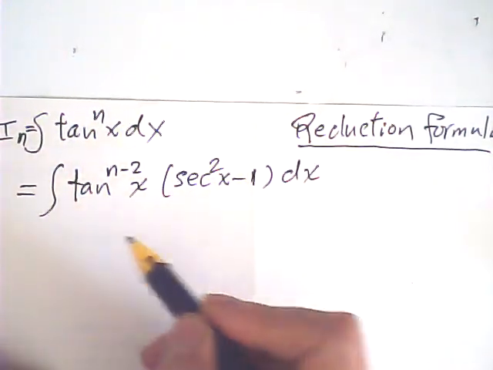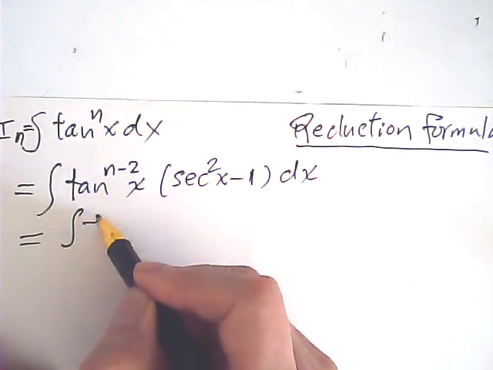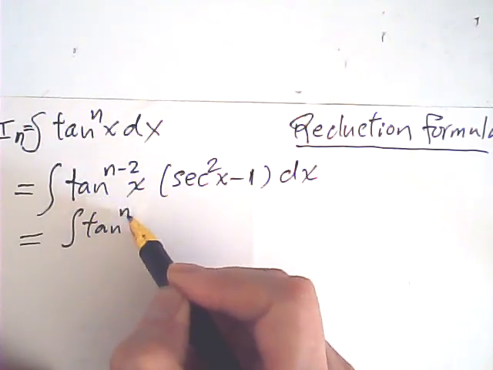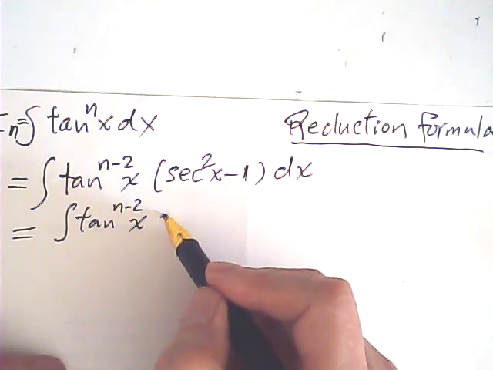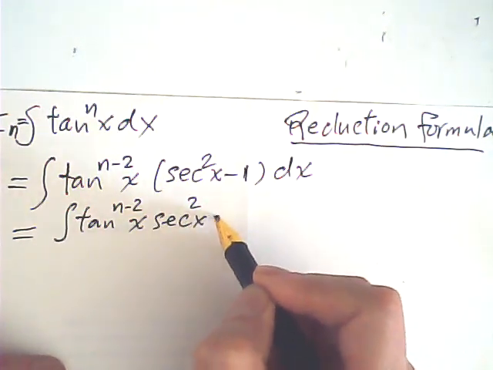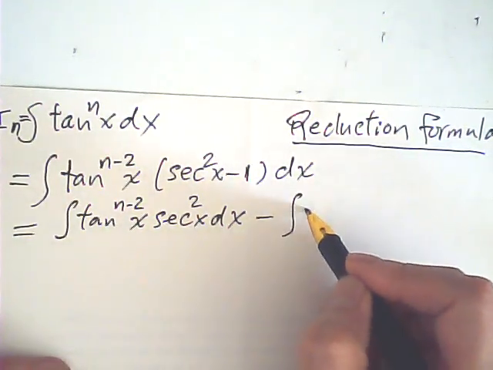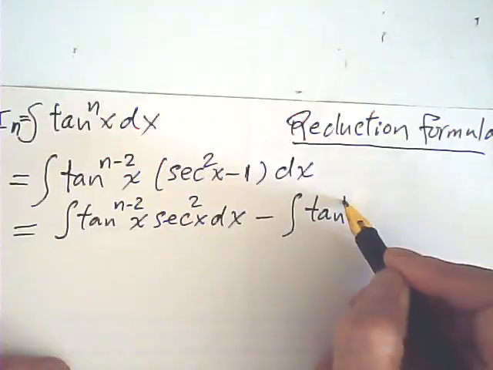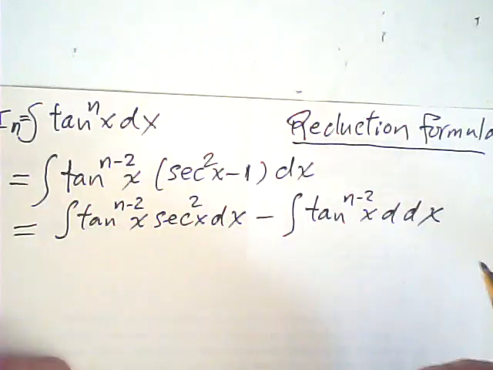So it will have 2 integrals. The first one is tangent n minus 2 x times secant square x dx. The other one is the integral of tangent n minus 2 x, no, 1 dx.